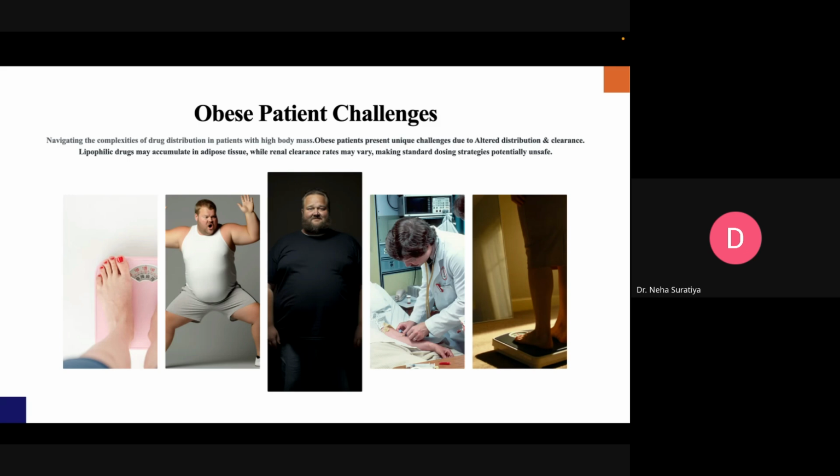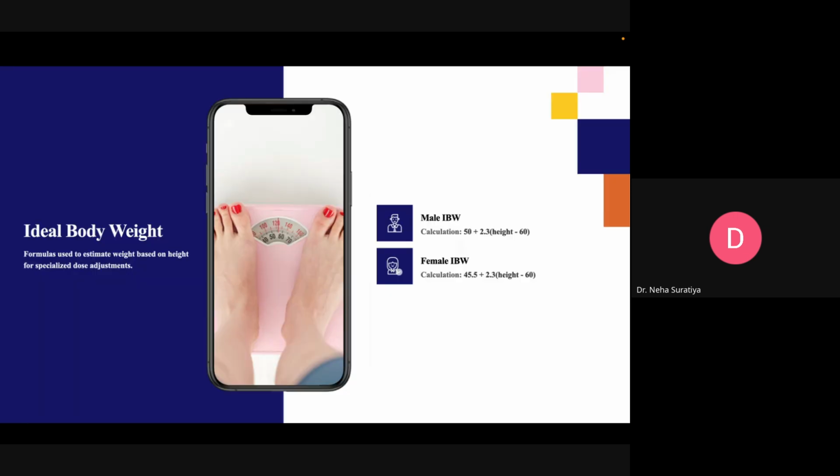Let's understand two different things here to calculate ideal body weight for the obese patient. To manage obese patients safely, we introduce another term, which is not total body weight, but ideal body weight. Ideal body weight estimates what a person should weigh based on height, independent of excess fat.